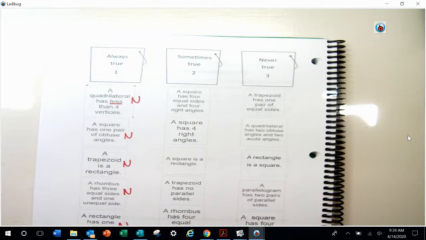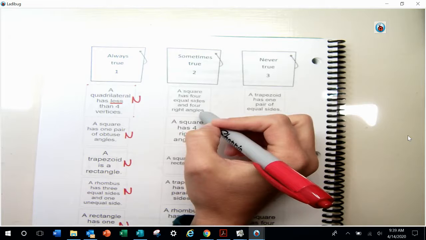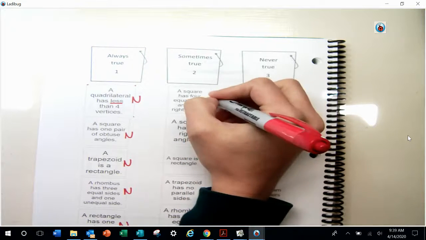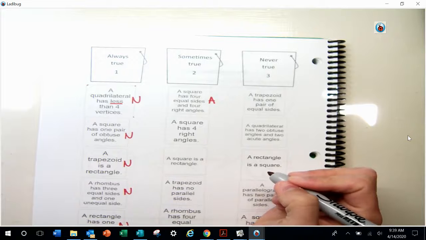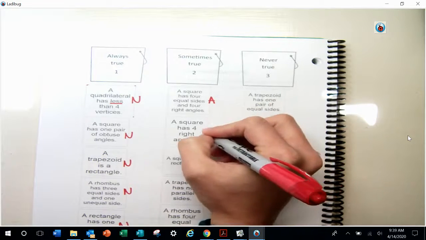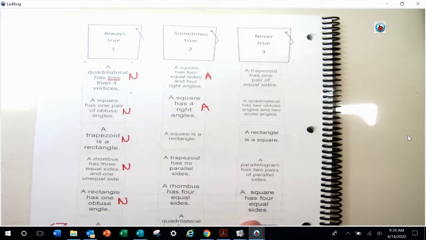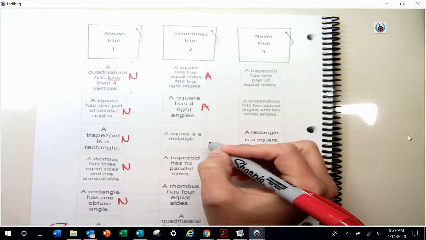Okay, so let's go to the next column. A square has 4 equal sides and 4 right angles. Well, that right there is the definition of a square. That is always true. A square has 4 right angles. Again, part of the definition of a square, it's always going to be true. A square is a rectangle. Well, let's see.